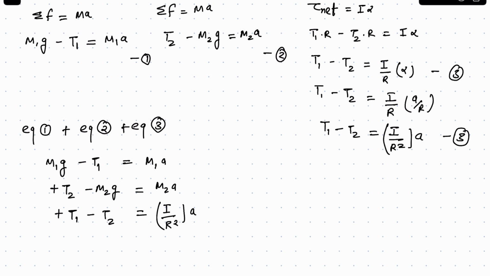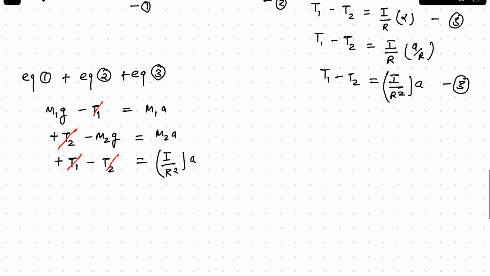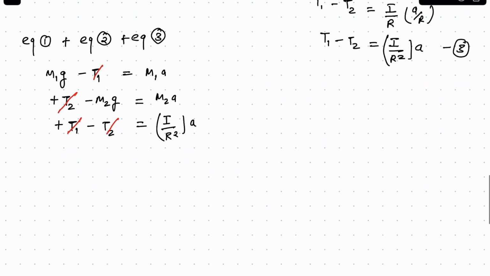If we add all of these equations, then T1 and T1 cancel out, T2 and T2 cancel out. In these three equations, three unknowns were there, so two unknowns are gone. So how many unknowns remain? Just one unknown. Can we figure out that unknown? Yes. Interestingly, this result will be very similar to what we have got.